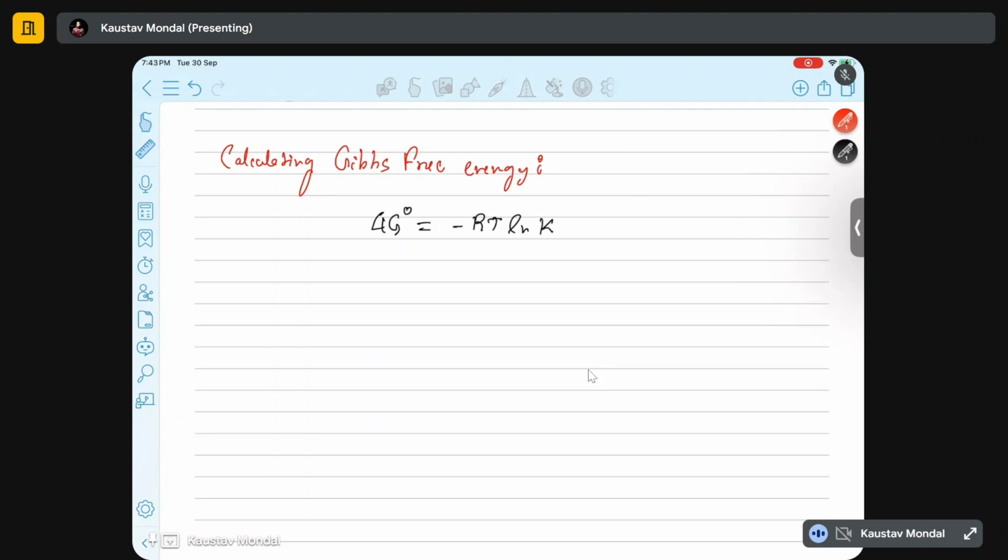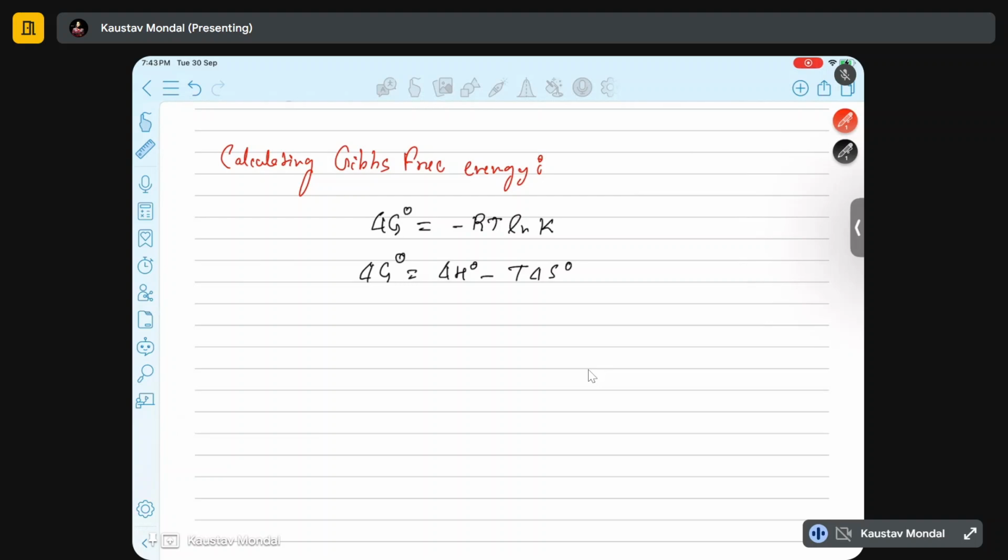So that means in a reaction, if you know the equilibrium constant K, from that itself you can calculate the delta G, the change in the Gibbs free energy. There is another way you can calculate the Gibbs free energy, for which we will consider the thermodynamic definition: delta G naught equals delta H naught minus T delta S naught.